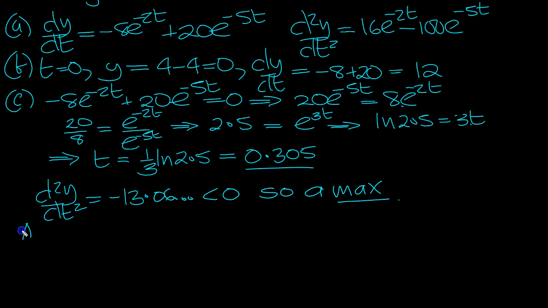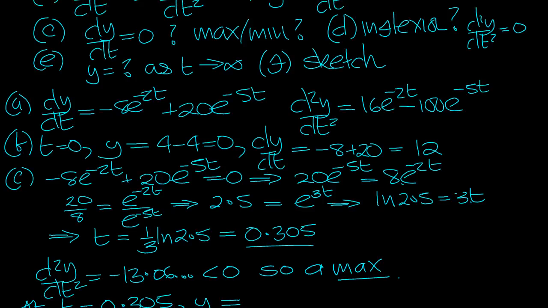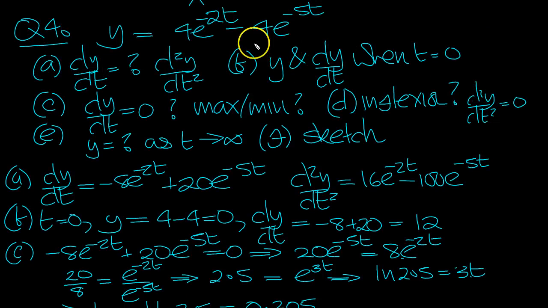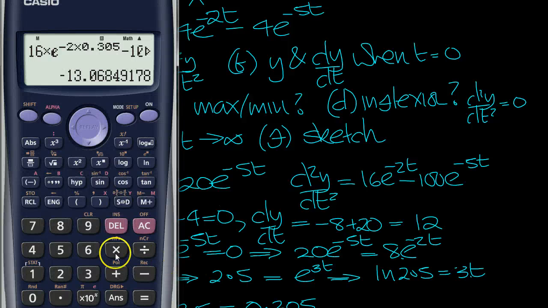Now at t equals 0.305, what does y equal? Let's find the turning point itself. Where's y? Y will be up above, and we're putting in 0.305. So there's y at the top, so I'll just put it in here. So what is it then?